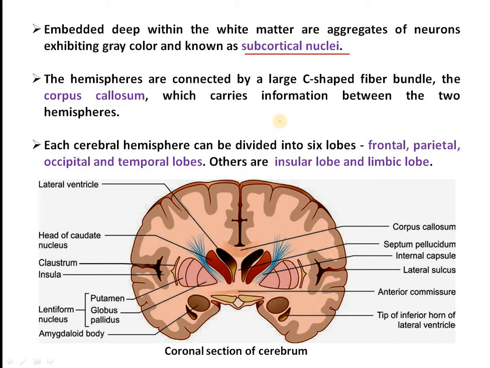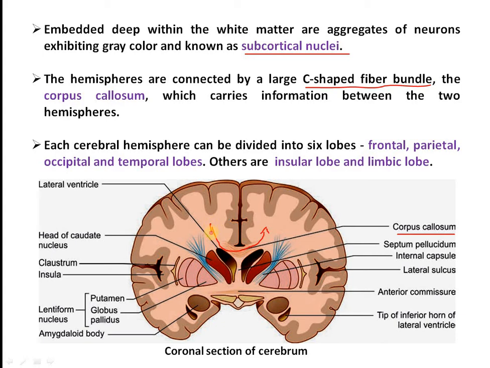And as I told earlier, we have the C-shaped fibers called the corpus callosum, which connects the two hemispheres and carries information between them. The main function of the corpus callosum is to send information from one hemisphere to the other, so that both hemispheres can work simultaneously.